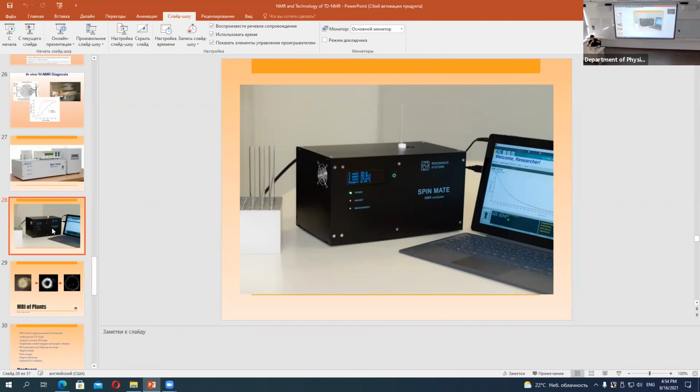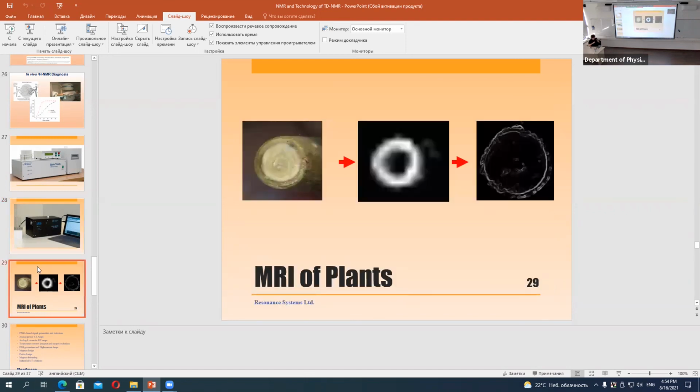So we have done, you can see at this place, this image. This is the fast image, this is the image accumulated. This image was acquired during 1 minute. This is a piece of a plant, and we see water.